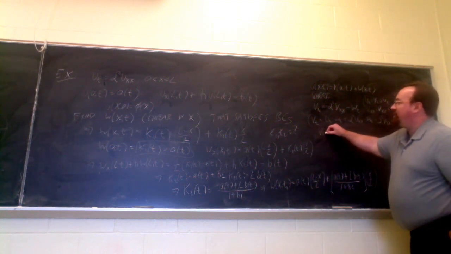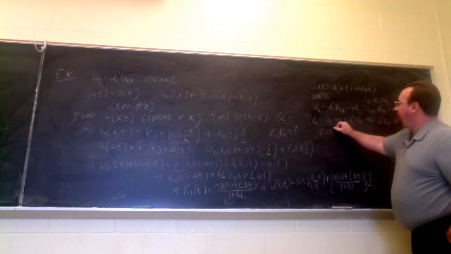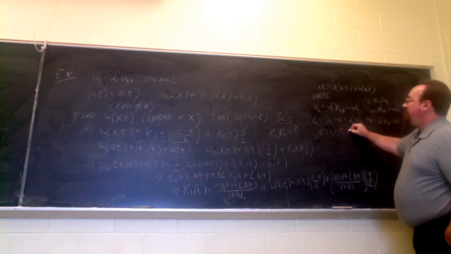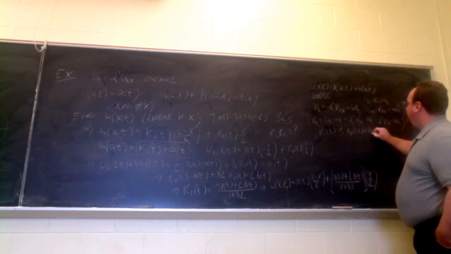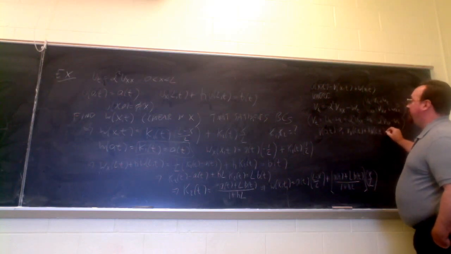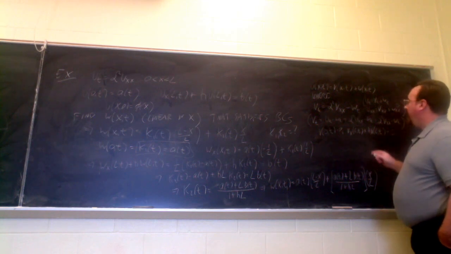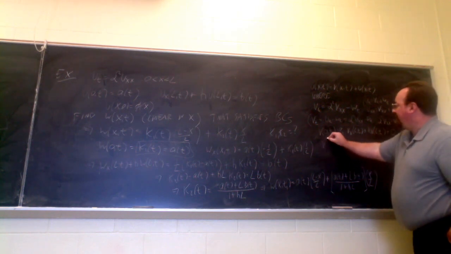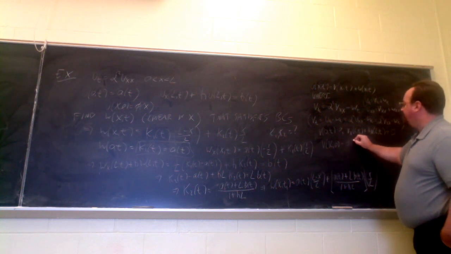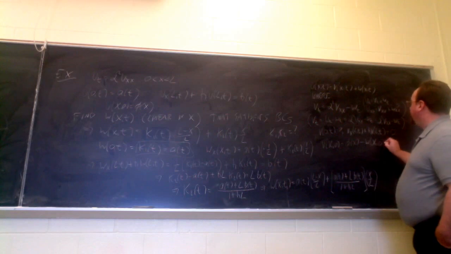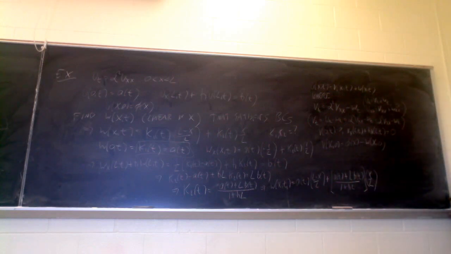V satisfies homogeneous boundary conditions, so v of 0,t is 0, and v_x of L,t plus h v of L,t is 0. As for initial conditions, v of x,0 is equal to phi of x, the initial condition for u, minus w of x,0. That's just because u is v plus w, so v is u minus w.